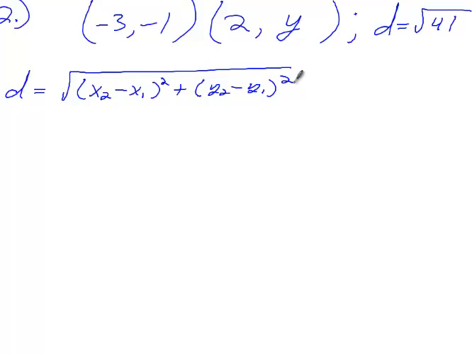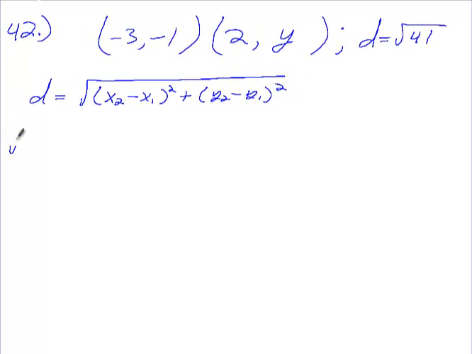And again, how many variables can I solve for at any time? 1. So after I substitute in here, I should only have 1 variable. Is everybody okay with that? Yes, no, maybe? All right. So what's my d? What did they tell me my d is? Square root of 41. What's my x2 value? 2.